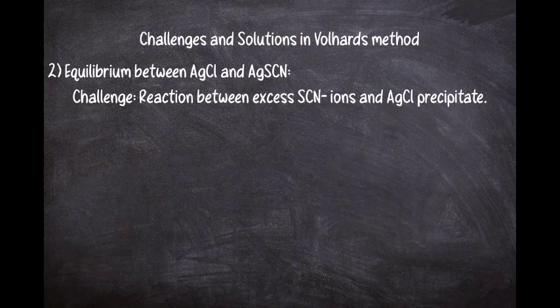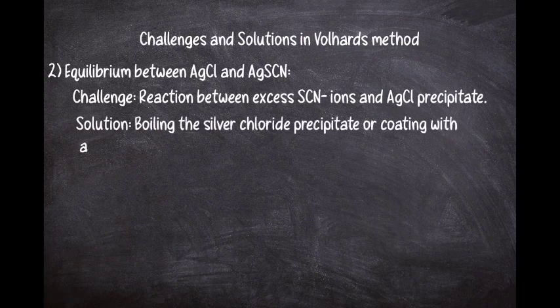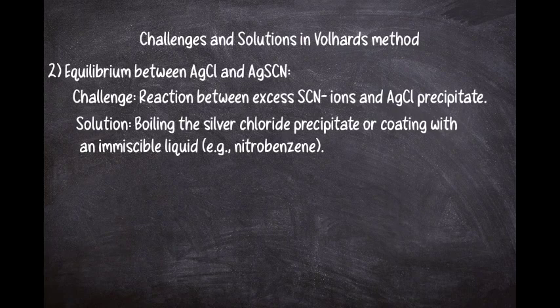One effective method is to boil the silver chloride precipitate for a few minutes, followed by filtration to remove the precipitate. The cold filtrate is then used for the back titration. Alternatively, an immiscible liquid such as nitrobenzene can be used to coat the silver chloride particles, protecting them from reacting with thiocyanate.